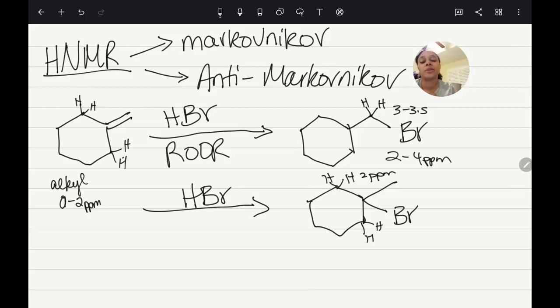Second thing that I would be looking for in NMR is that because there's one hydrogen here, these hydrogens only have one neighbor, so we should get a doublet. Whereas these hydrogens over here have no neighboring hydrogens, so it should be a singlet.